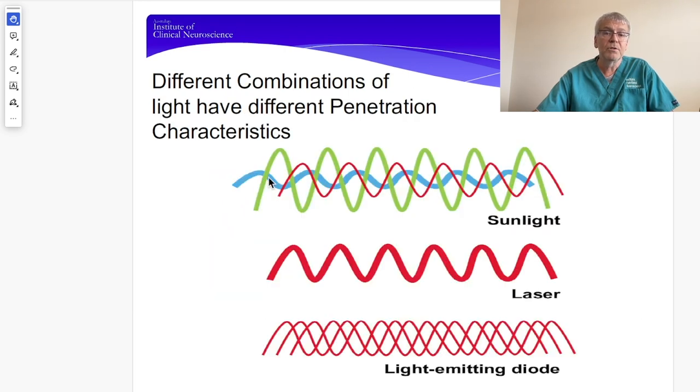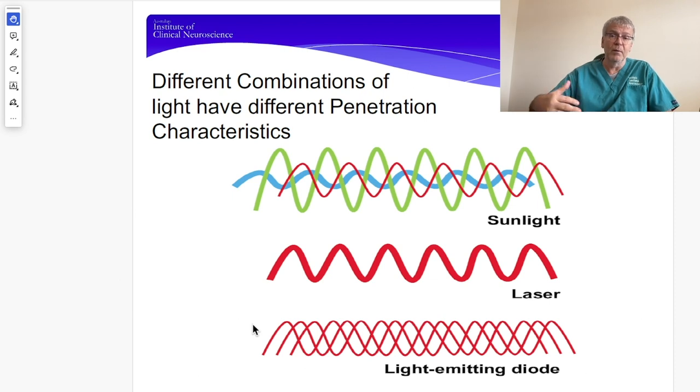Okay, now I've got another picture here that shows this. Here's sunlight, so this is incoherent. Here's laser, which is a very coherent beam. And then here are light emitting diodes, which are almost the same, but they are not coherent because they have shifted. So there's a phase shift in the light emitting diode.